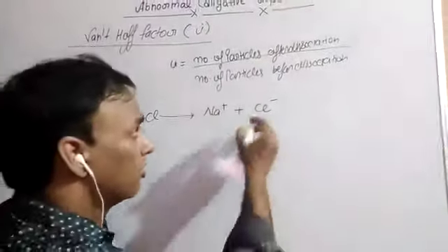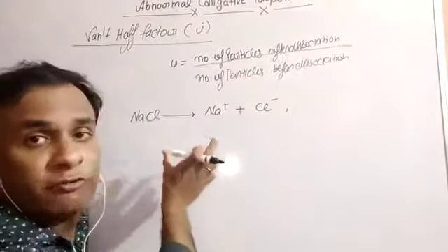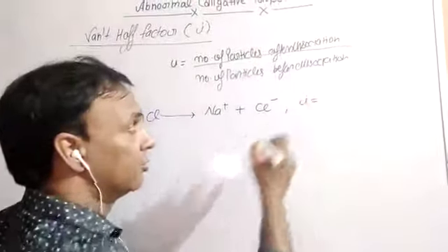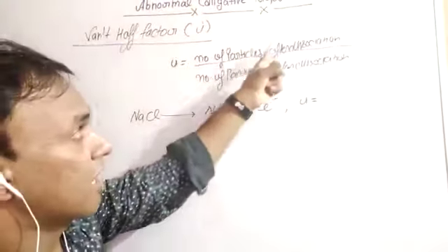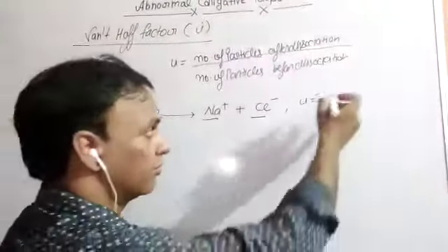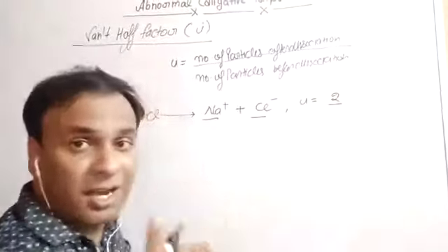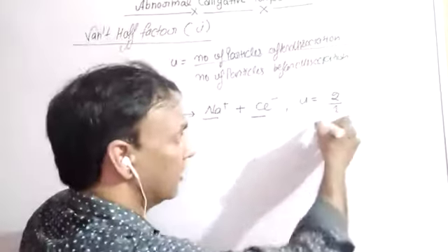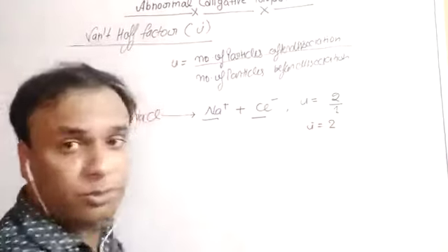Clear? So when we calculate the Van 't Hoff factor for sodium chloride, i equals the number of particles after dissociation, which is 2, and the number of particles before dissociation, that is 1. Clear? Means i equals 2.